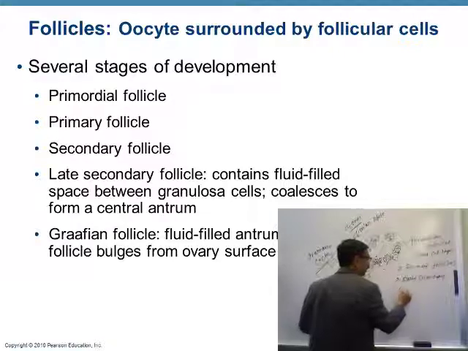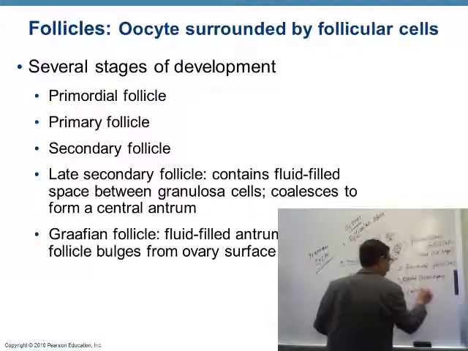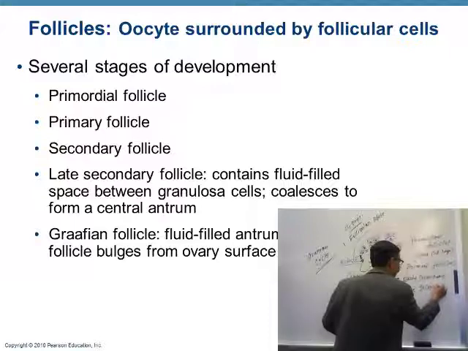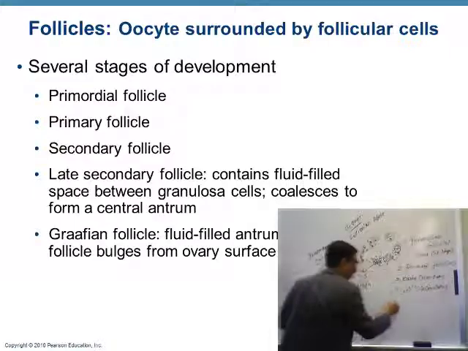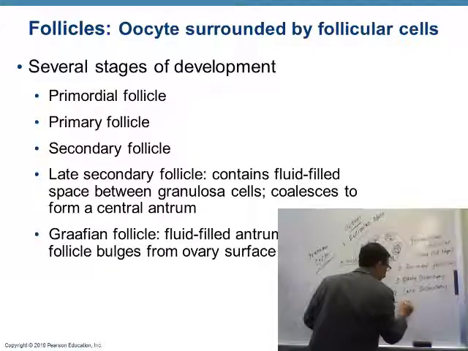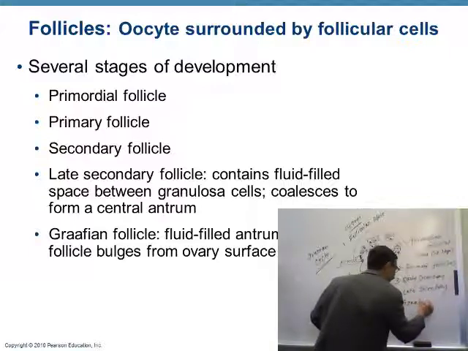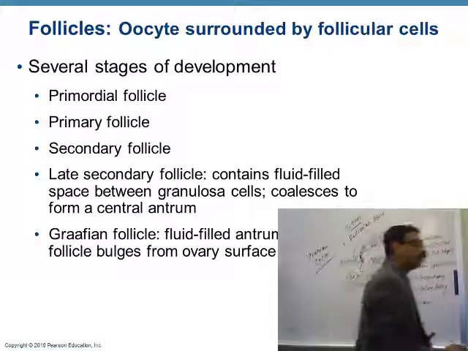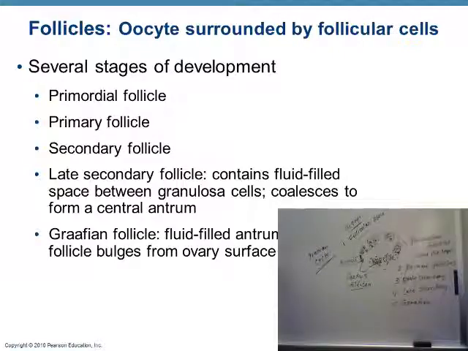Then you have late secondary follicles, and then the most mature are the Graafian follicles, or vesicular follicles. Okay, so this is the most mature one, and this one is ready to rupture because there is a lot of fluid inside.